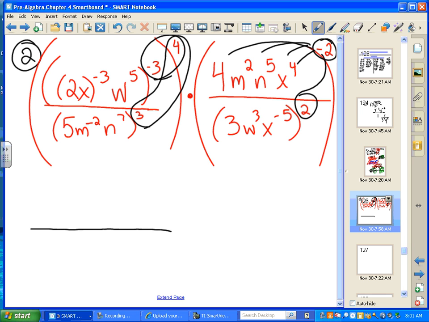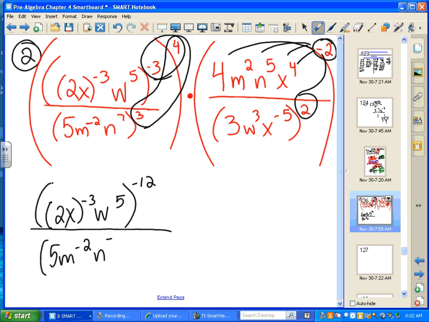We have medium parentheses, and then little parentheses, 2x to the -3rd, w to the 5th. The medium parenthesis exponent becomes -12. The bottom medium parenthesis, 5m to the -2nd, n to the 7th, the medium parenthesis exponent becomes 12.